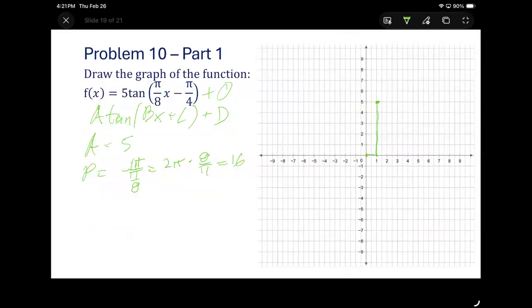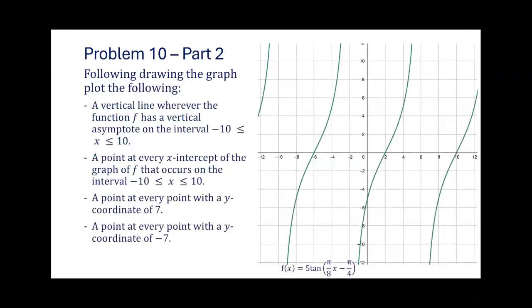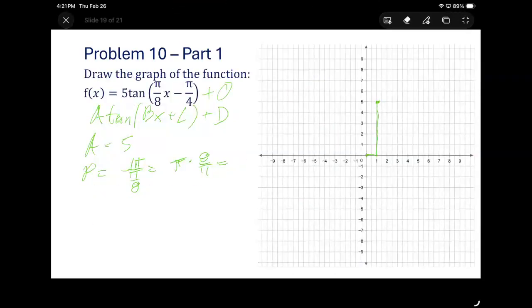So just pi over b. Then the pi's cancel, and we will just get 8. So we know the phase shift, we know the direction is positive to the right, and there's no vertical shift.